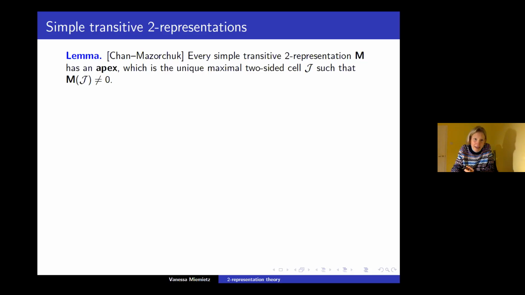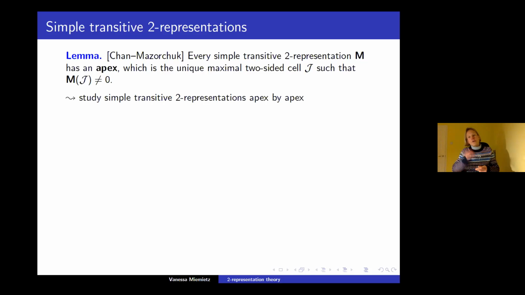So this is called the apex. And what this means is that if you want to study simple transitive two-representations, you can do that apex by apex, because every simple transitive two-representation has a unique apex. So if you go through all the two-sided cells and find the simple transitive two-representations with each apex, then you have all of them.